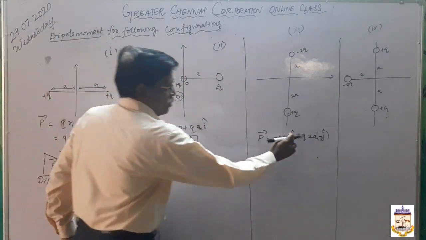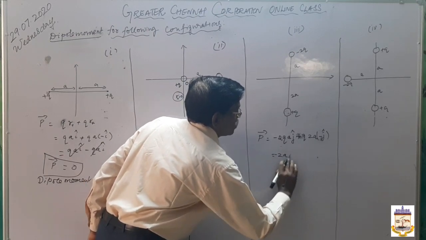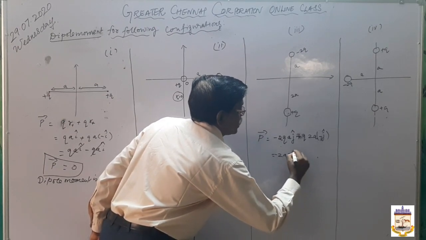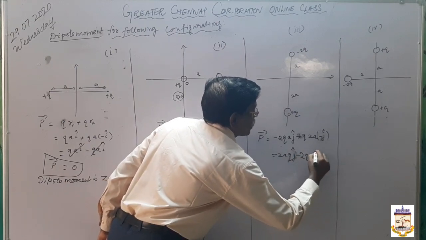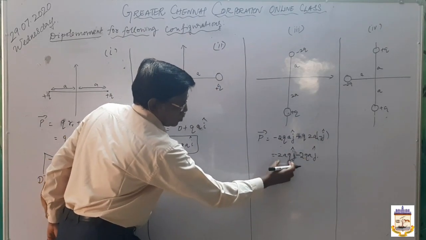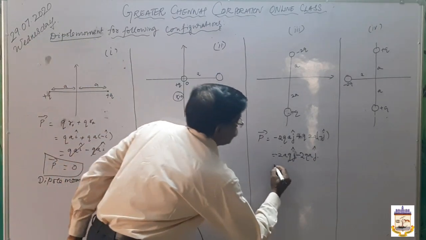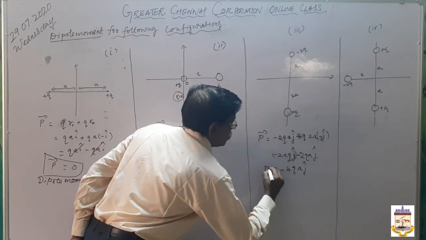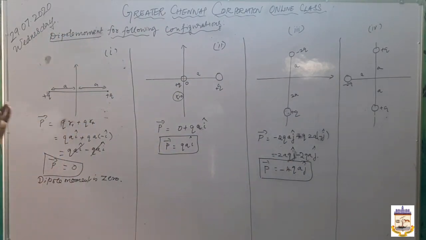So, this is plus into minus, minus 2a j cap, 2q j cap minus 2qa j cap. This plus into minus becomes minus. Here minus 2aq j cap, here also minus 2qa j cap. So, the total value is minus 4qa j cap. So, this is the dipole moment for this configuration.